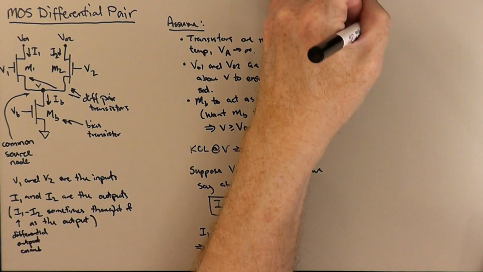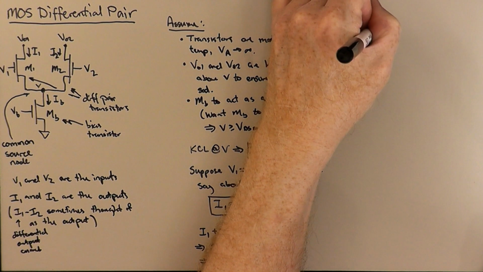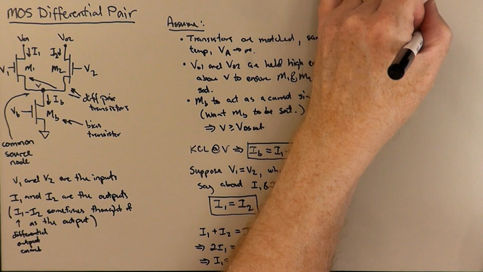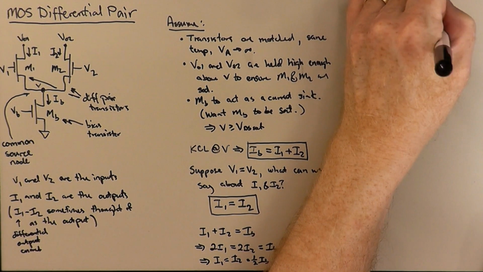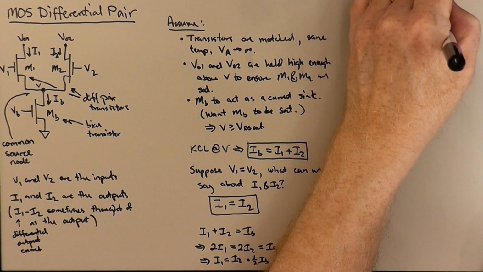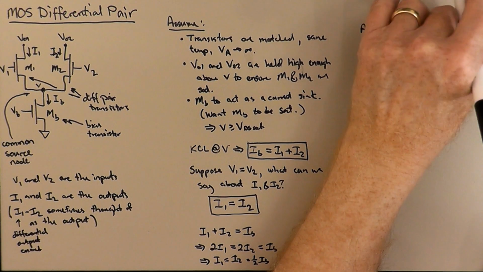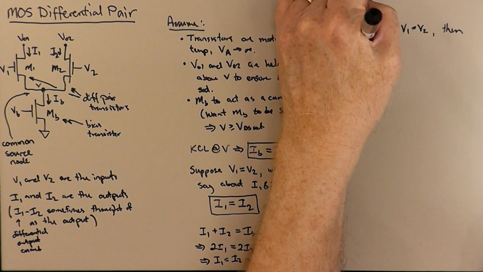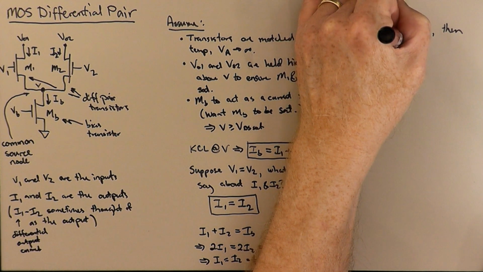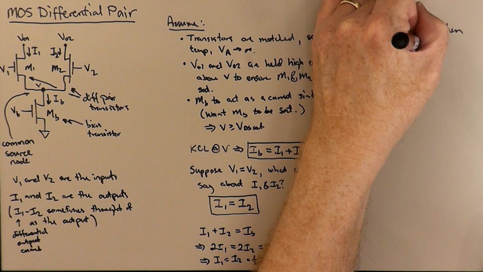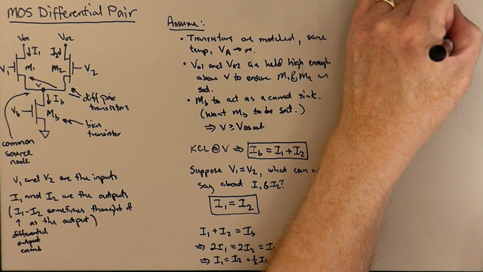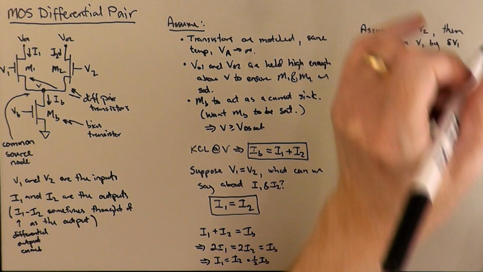So let's assume V1 equals V2, and let's say we increase V1 by some little bit, let's say delta V1.